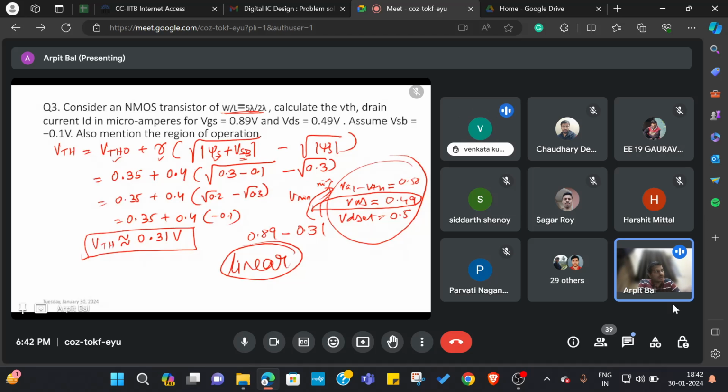But in the assignment, it is given that ID refers to current into the drain. In that case, what I am feeling is we should write ID is equal to minus of whatever value we get for IDS. Is it okay, sir? Here I have the doubt.